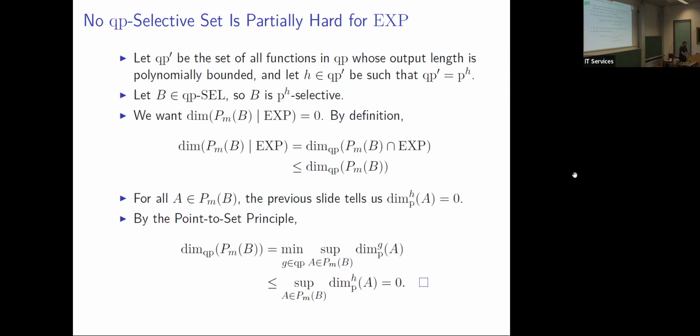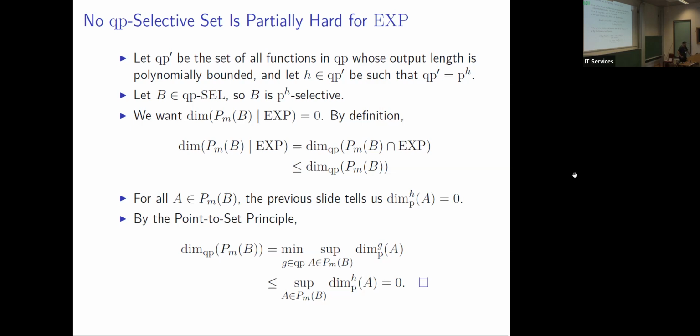Okay, so using that, then we can prove this thing I asserted, that no QP selective set is partially hard for exp. So let's let QP prime be the set of all functions in QP whose output length is polynomially bounded, and let H in QP prime be something such that QP prime is P to the H. Then let B in QP, let B be QP selective.